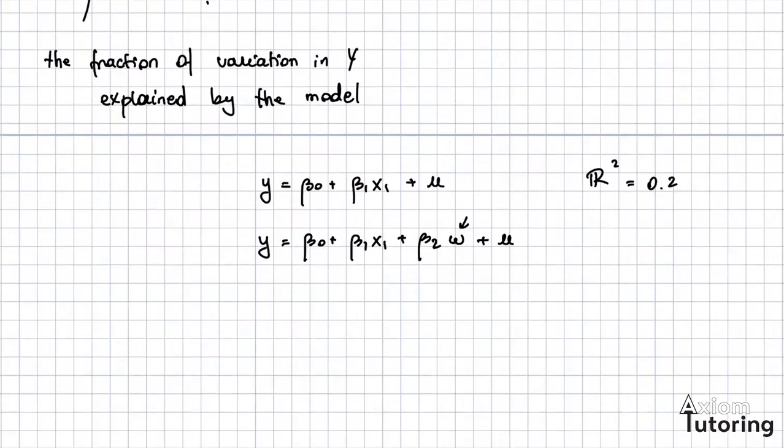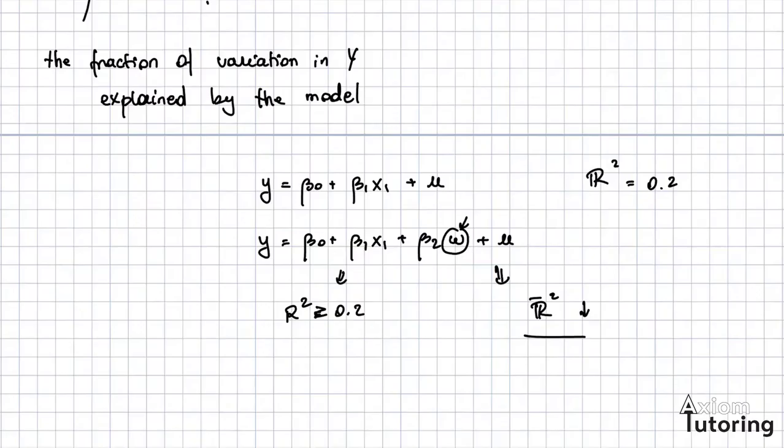If you run this new model, you will notice that the R squared will be bigger than or equal to the 0.2 that you had. In any case, you'll see that it will go up a little bit. However, the adjusted R squared in this particular case is very likely going to go down by a little bit. Because the R squared will say, you explain slightly more with this new variable, but the adjusted R squared will say, no, that's not enough to be worth including in this model.